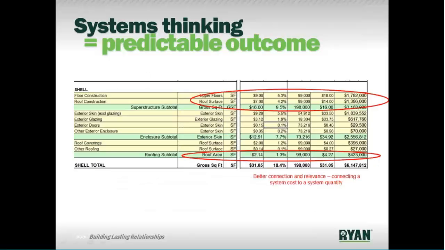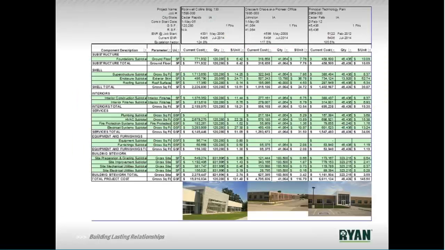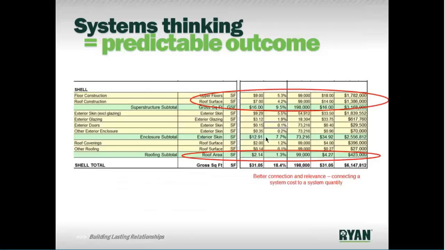To illustrate this with our system setup, and this gets back to, if I back up a couple slides, it's the difference between this comparison report here and this comparison report here. And so you're looking at costs over the relevant system quantity. So floor construction, for instance, in this particular building that's being used as the example here, it's a 200,000 square foot facility, 2 floors, 1 floor each of 99,000 square feet.